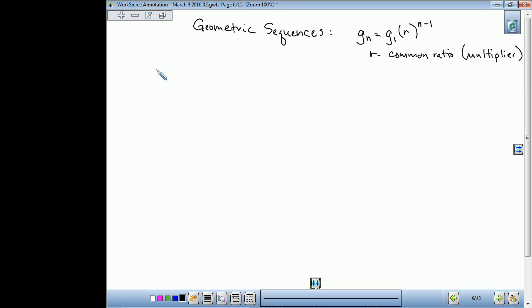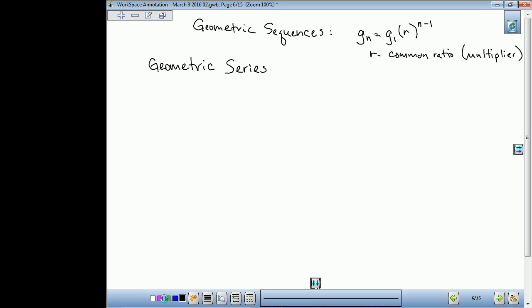Okay, so I'm going to do a fun little Gauss type experiment with geometric, just like we did with arithmetic. You don't have to write this. I'll tell you what you need to write, but I want you to intensely follow along, because we're going to develop a formula for a geometric series.